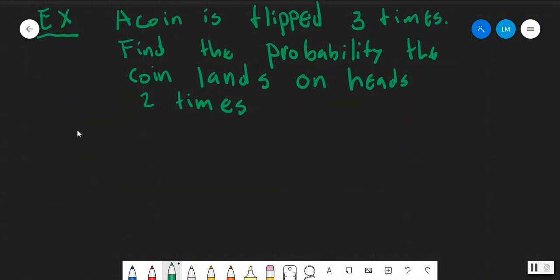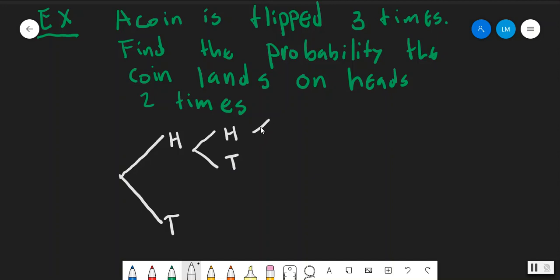To do this problem, we would need to draw a tree diagram. So if we do it like this, and then we have tails and heads. Well, on the first toss, it could be heads and then tails. But then if you do it again, it could be heads and then tails, and similarly heads and tails.